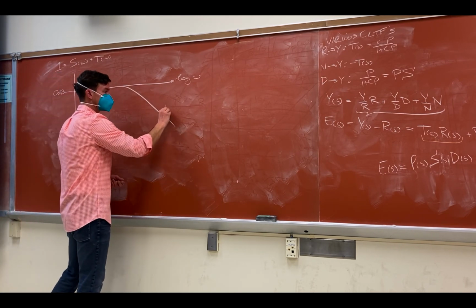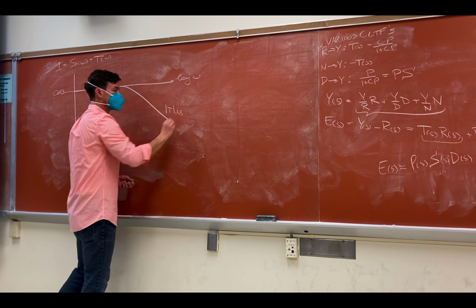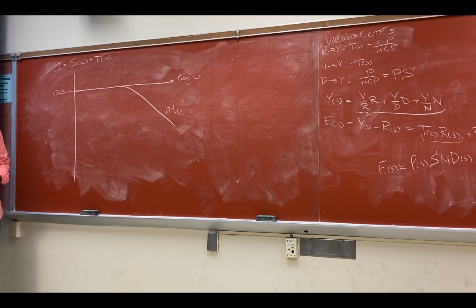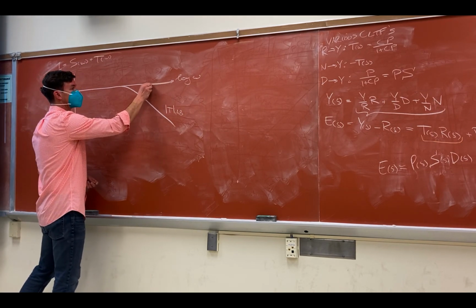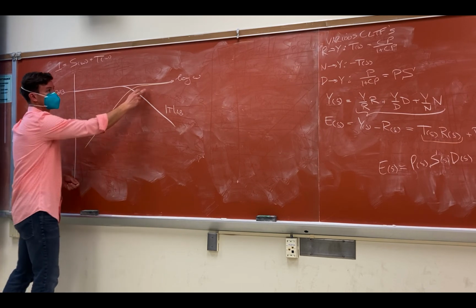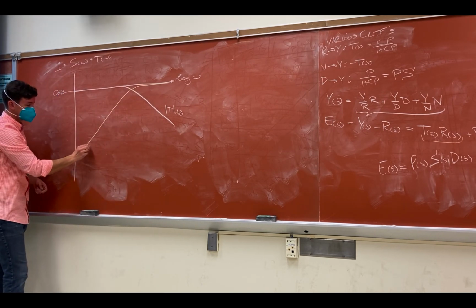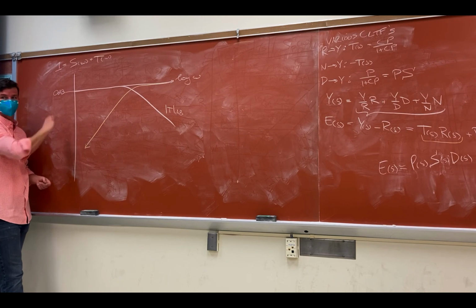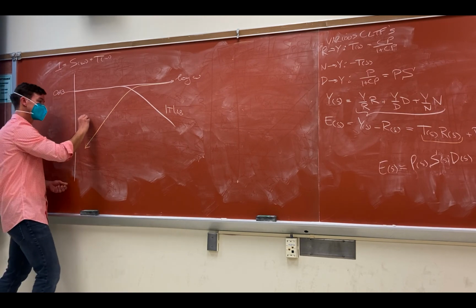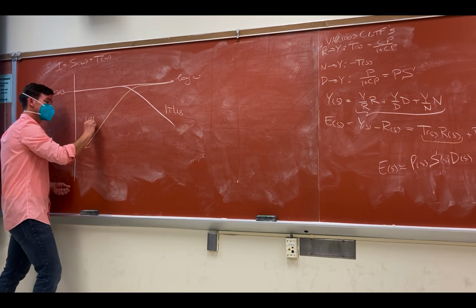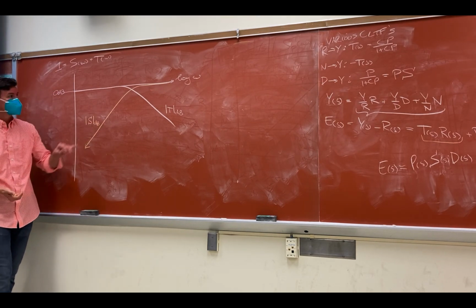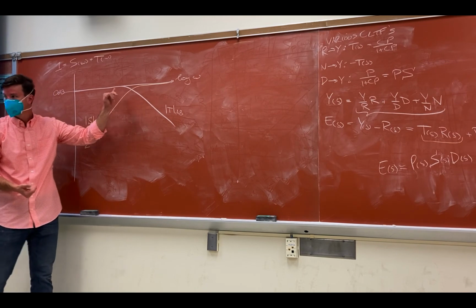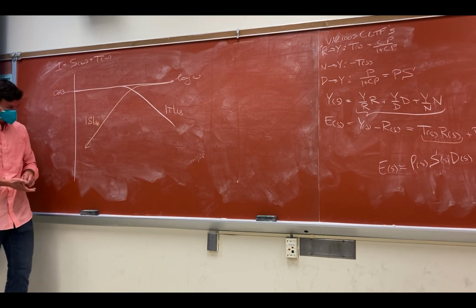So maybe this is T. And if I know this, if this guy gets small, this guy has to be close to 1. And if this guy gets small, this guy is close to 1. So this is magnitude S. In the middle here, it's kind of muddy, but let's focus on the easy bits first.